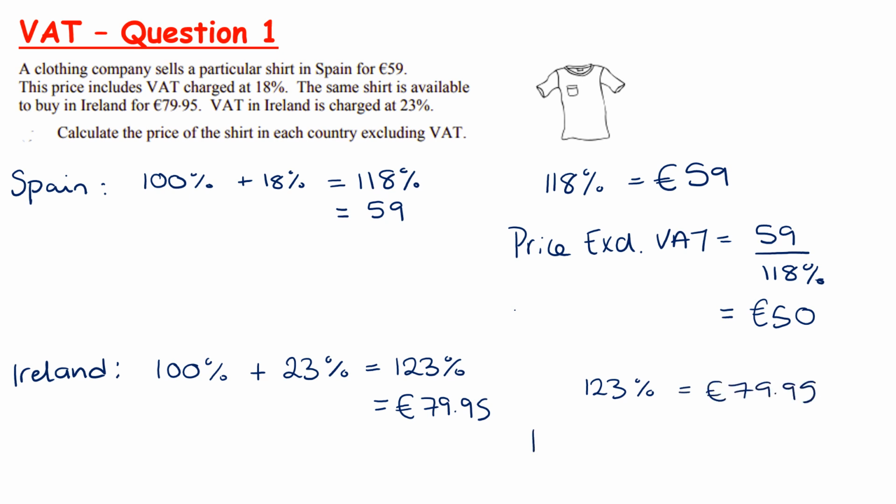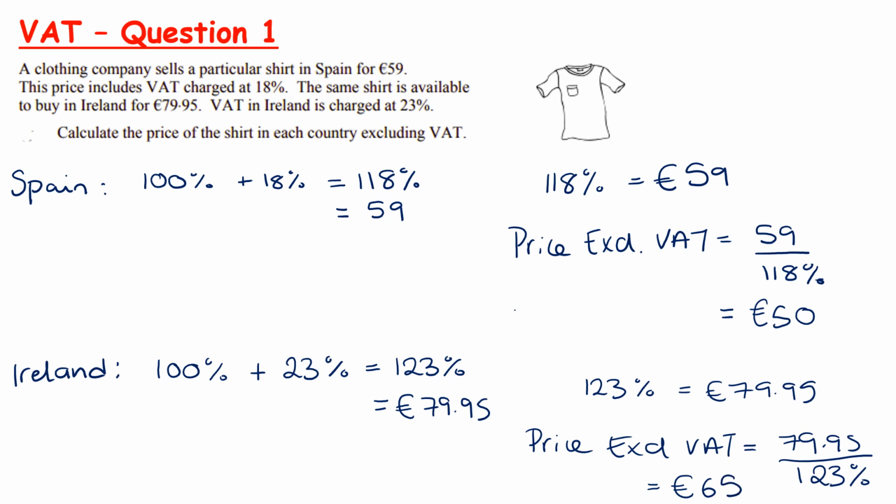To get the price excluding VAT, we're going to do $79.95 divided by 123%, or 1.23 if you're using decimals, and then I get €65.